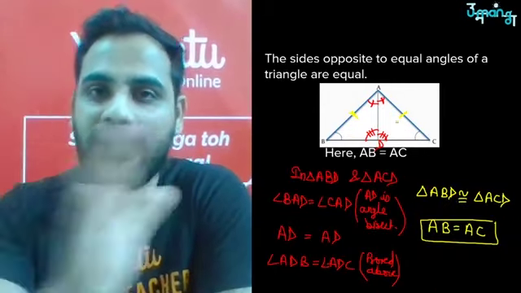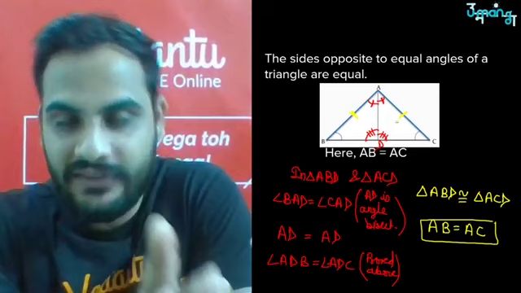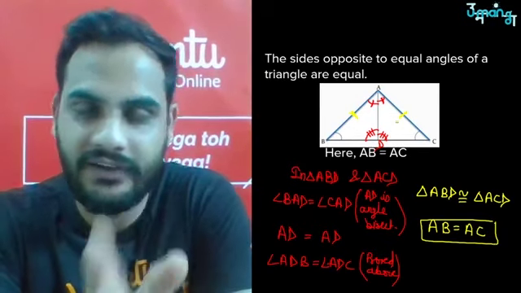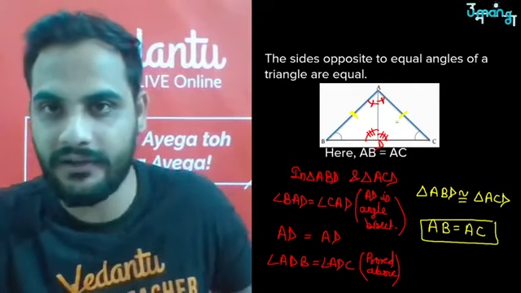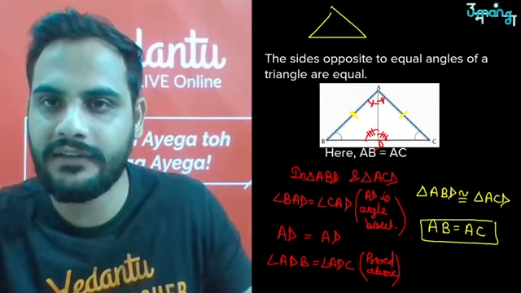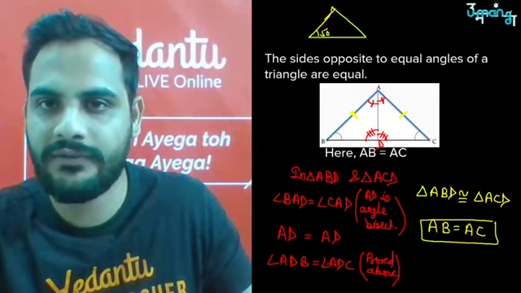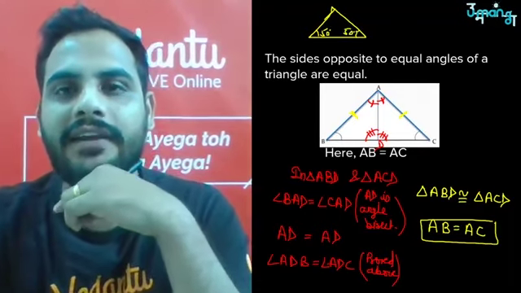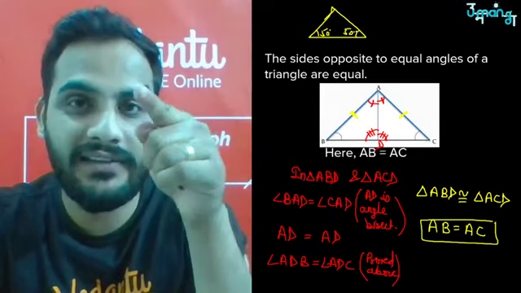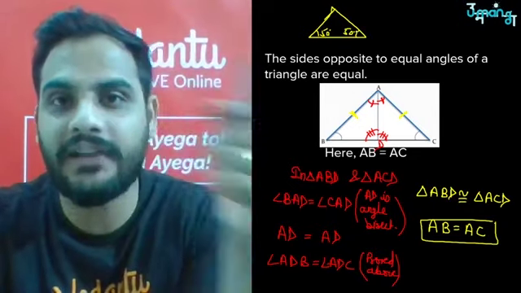An isosceles triangle is not only defined by sides, where two sides are equal. Also, if I don't give you the sides and only give you angles, suppose a triangle where this angle is 50 and this angle is 50, and I ask you what kind of triangle this is, you can clearly say it is an isosceles triangle because two angles are equal.